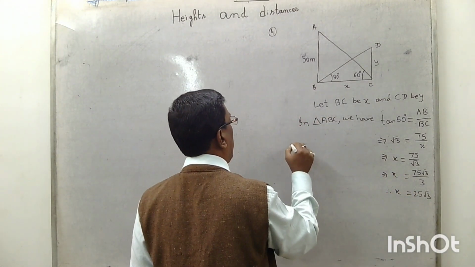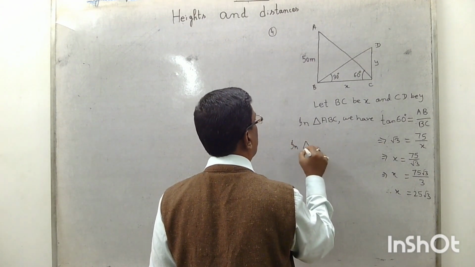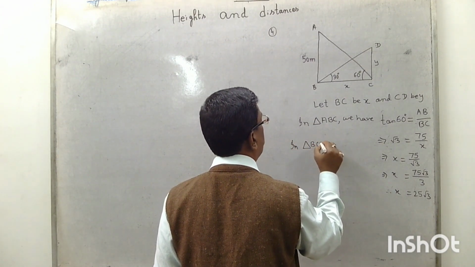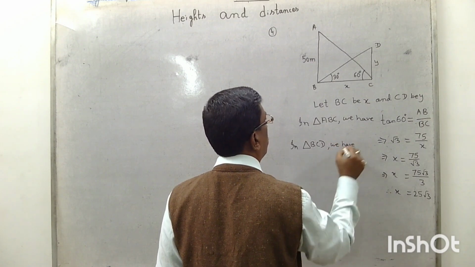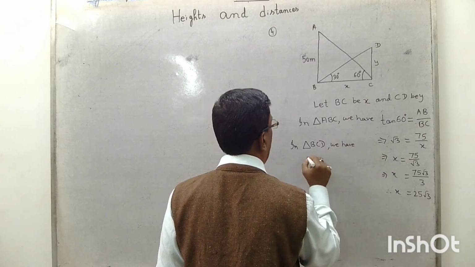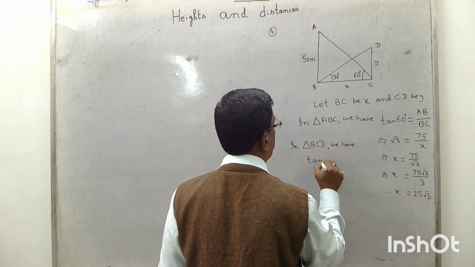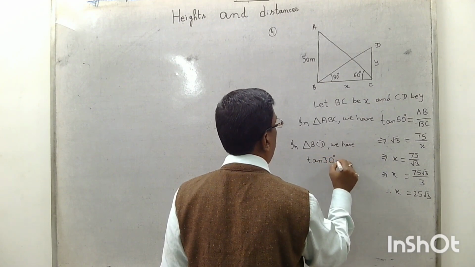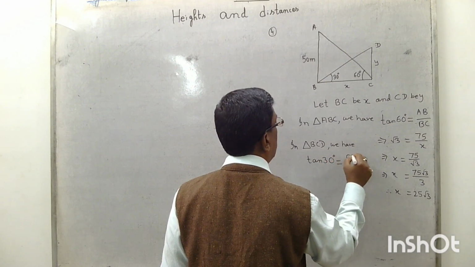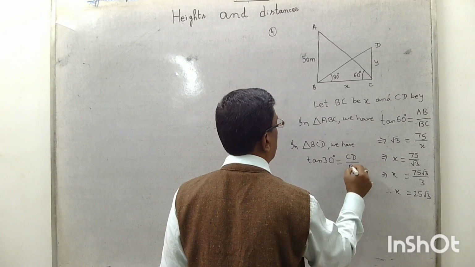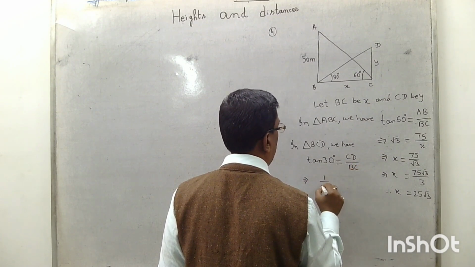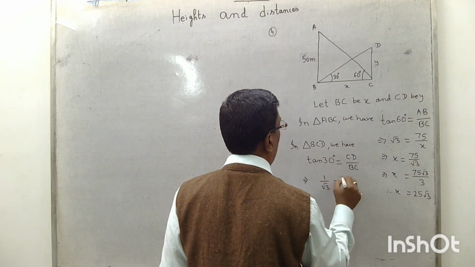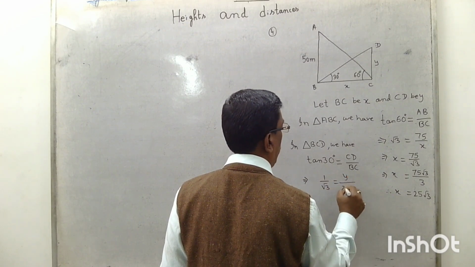Now in triangle BCD, we have tan 30 equal to CD by BC. That means 1 by root 3 equal to Y by 25 root 3.